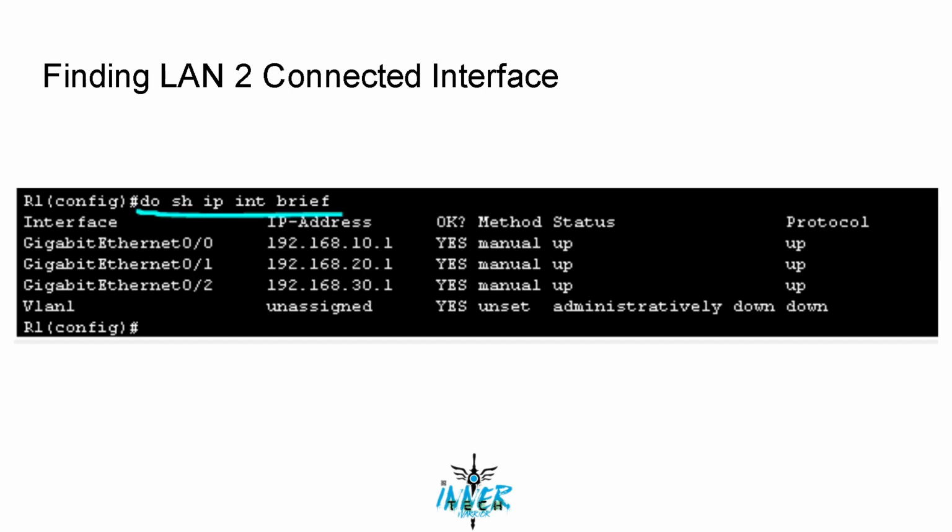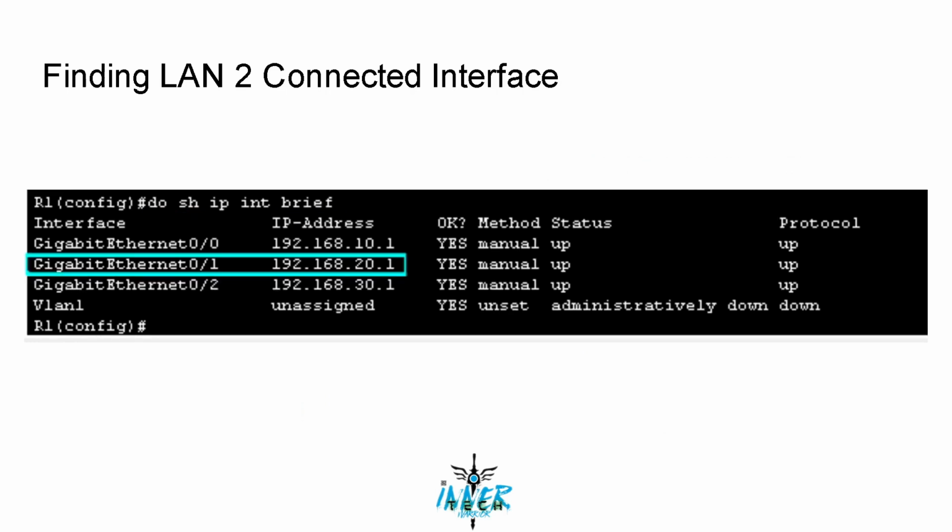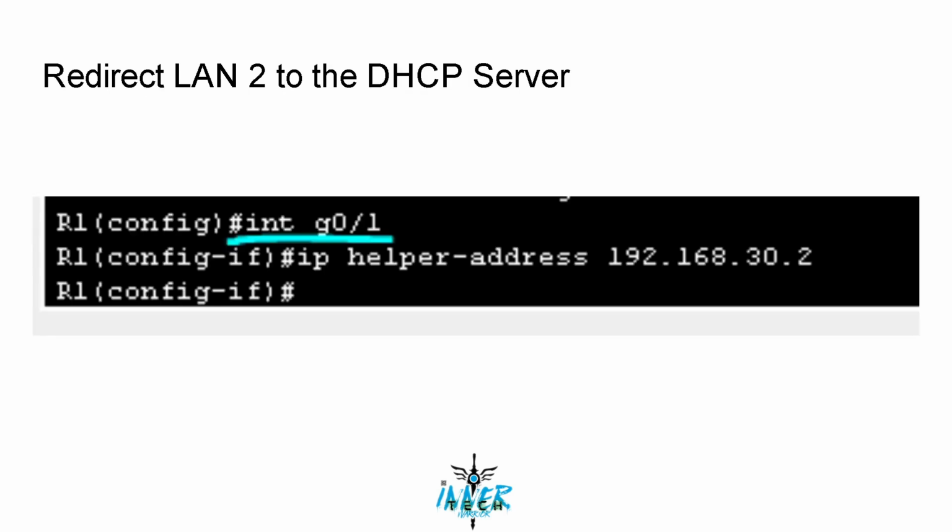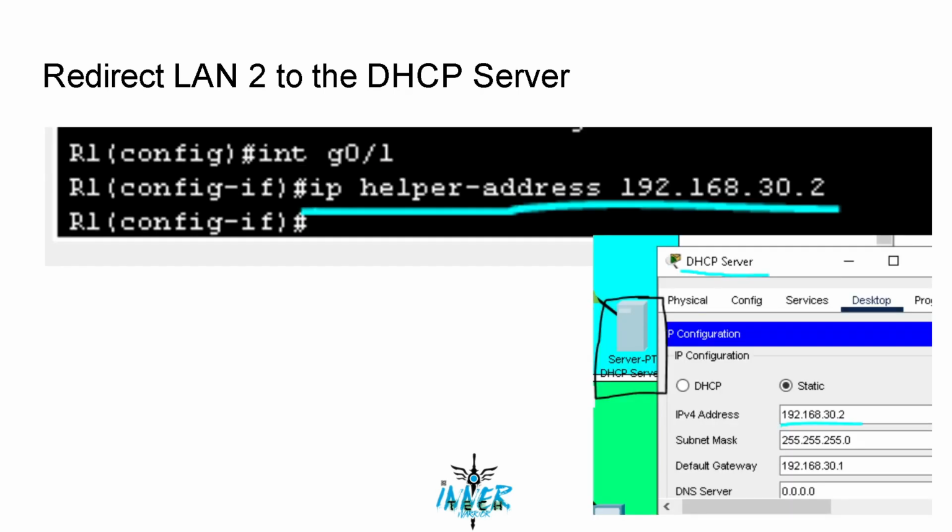First, we need to get into the LAN 2 connected interface, which we can check with the show ip int brief command. Here we can see G0/1 is the interface that has the default router IP for the 192.168.20.0 network, which is 192.168.20.1. So let's go into the interface's configuration mode with the int G0/1 command.